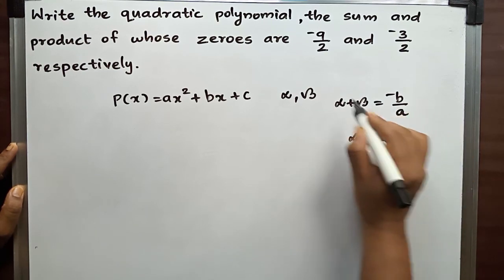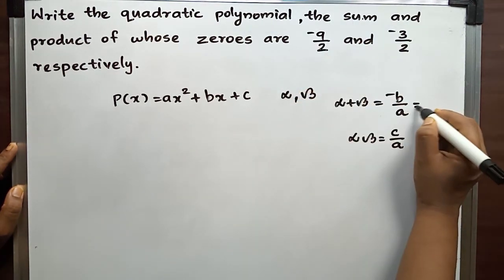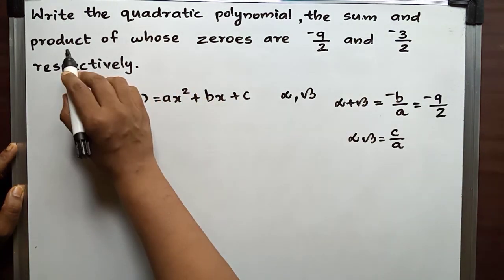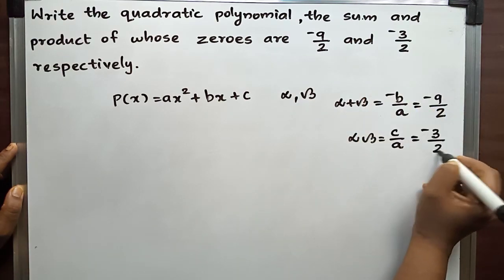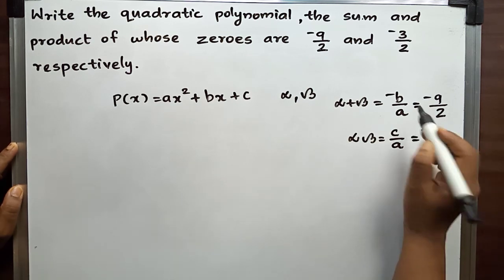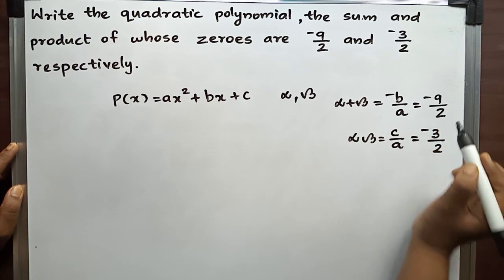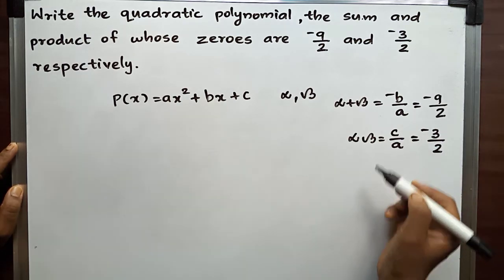Then it is given that the sum is minus 9 by 2, so this can be equated to minus 9 by 2, and the product of zeros is minus 3 by 2. See, it is given in the question. Okay, so minus b by a is equal to minus 9 by 2, and c by a is equal to minus 3 by 2.